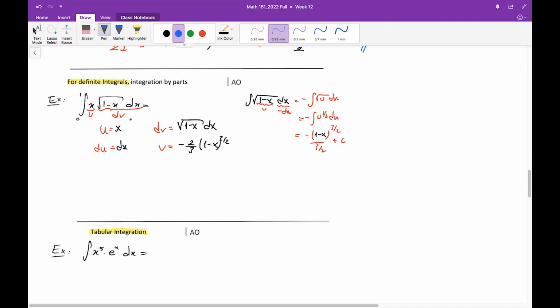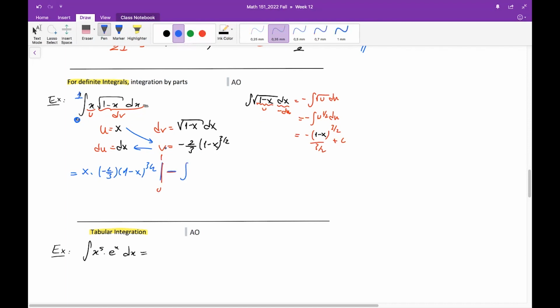And now I will be following the directions of these two arrows to apply integration by parts. So it goes like x times this expression. So x times minus 2 over 3, (1 minus x) to the power 3/2. So this time it is a definite integral. That's why I will evaluate this first part from 0 to 1, minus integral.